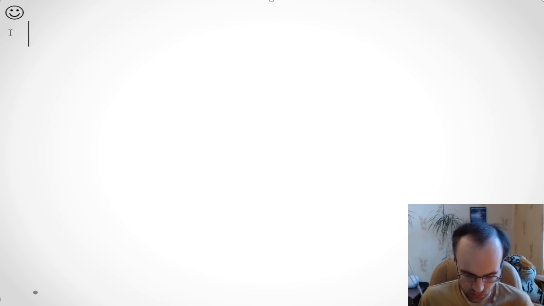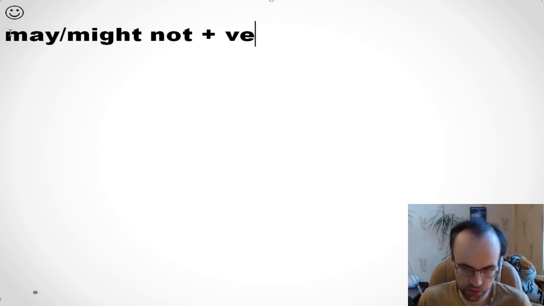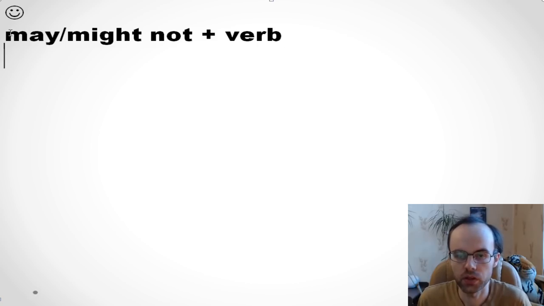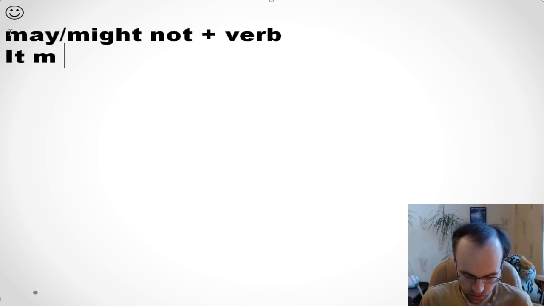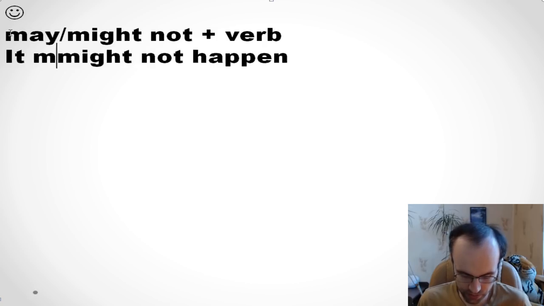If you want to form a negative form, it's also easy. May or might not plus verb. For example, it might not happen. Or it may not happen.